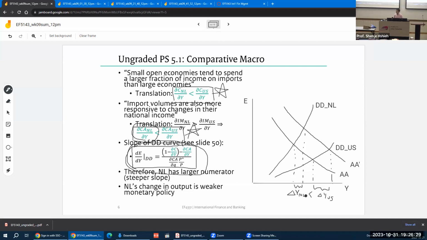Yeah, so all else equal, if the AA schedules look the same between the Netherlands and the US, and the Netherlands have a steeper aggregate demand function, if you conduct expansionary monetary policy, the output is going to be much more muted than in the case for larger economies like the US.